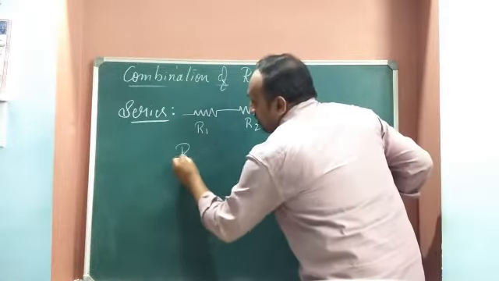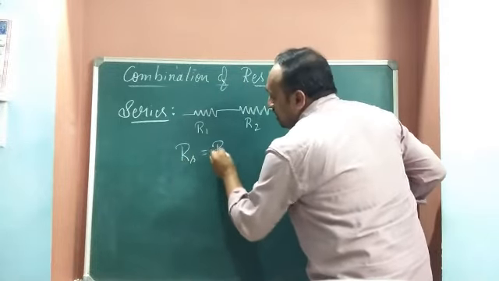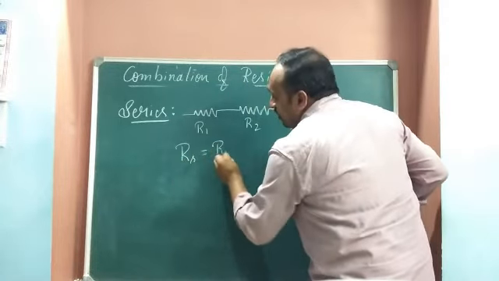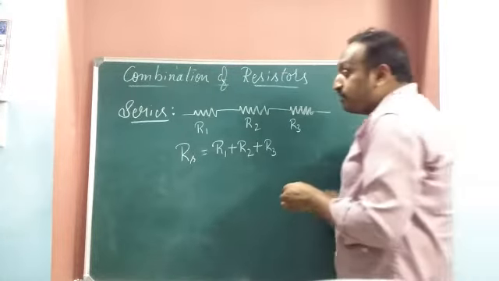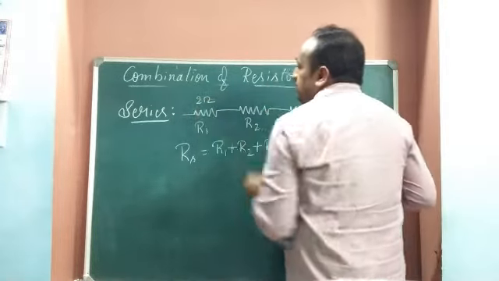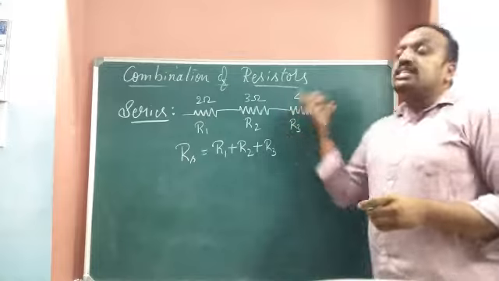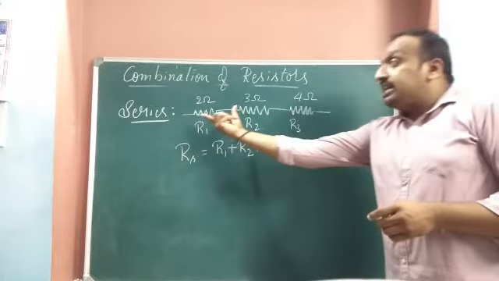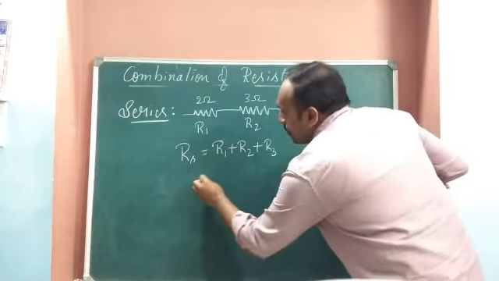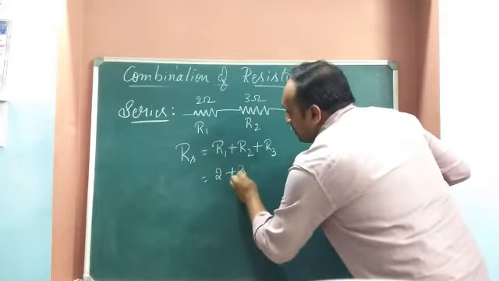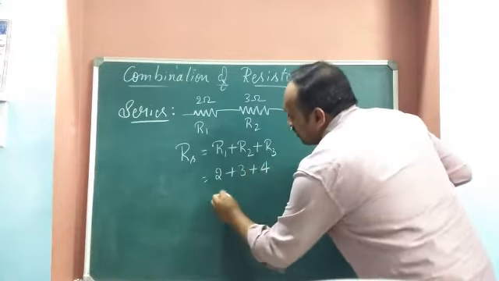The total resistance in series will be equal to R1 plus R2 plus R3. For example, if R1 is 2 ohm, R2 is 3 ohm and R3 is 4 ohm, then the total resistance when connected in series will be 2 plus 3 plus 4, which is equal to 9 ohm.